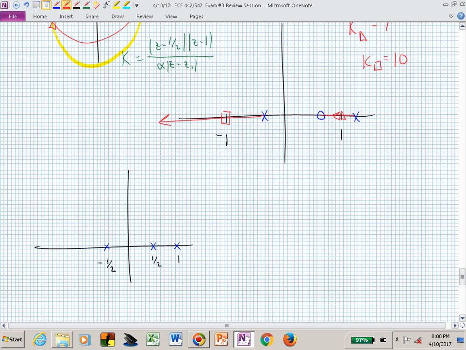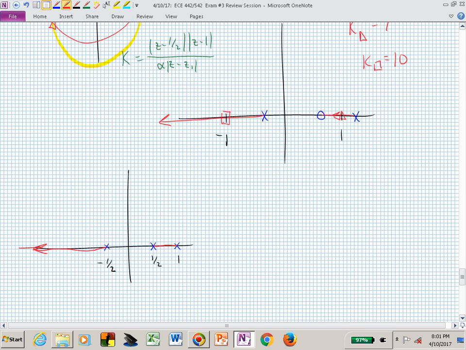What about this pole zero pattern? We haven't gone there yet, have we? How many poles do we have? Can you find the real line segments that belong to the root locus? You can start stepping through these rules even though we haven't gone all the way, but now you know that segment is on the root locus, and you know this segment, that's supposed to stay on the root locus.